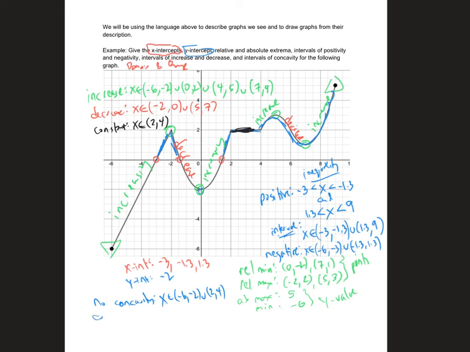It's concave up where you look at this space right through here. It's clearly opening upward like a smile. So it goes from -2 to +2.